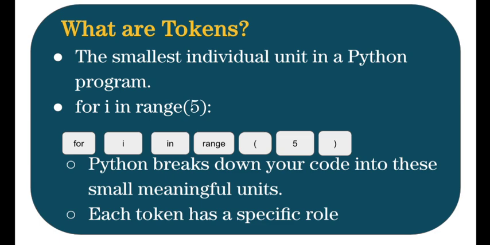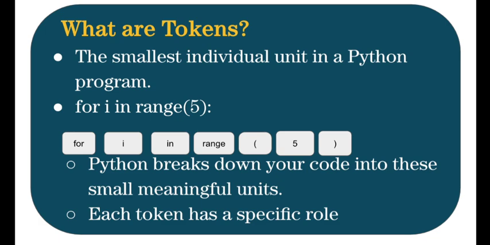What are tokens? It is the smallest individual unit in a Python program. For example, a sentence is made of words. Likewise, a program is made of tokens. Python breaks down our code into these small meaningful units.